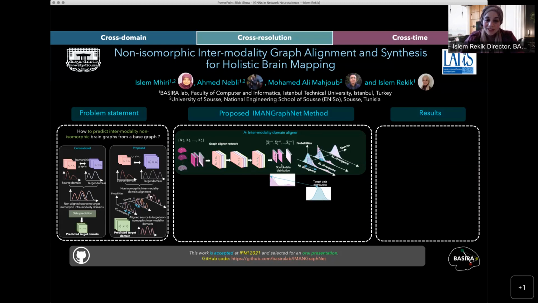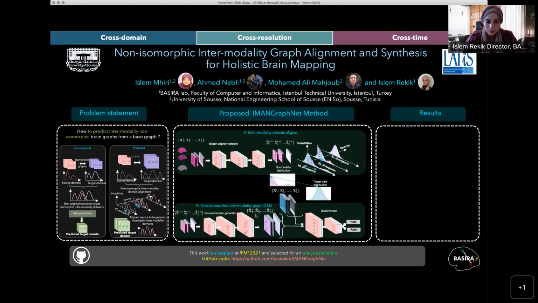Once you have these source networks aligned in distribution to the target domain, we propose a non-isomorphic intermodality graph GNN. We take the aligned networks, source to target, and then we learn, using simple linear algebra operations that we introduce through the network, how to change the resolution of these graphs towards the higher resolution that we aim for, which is NR prime by NR prime.